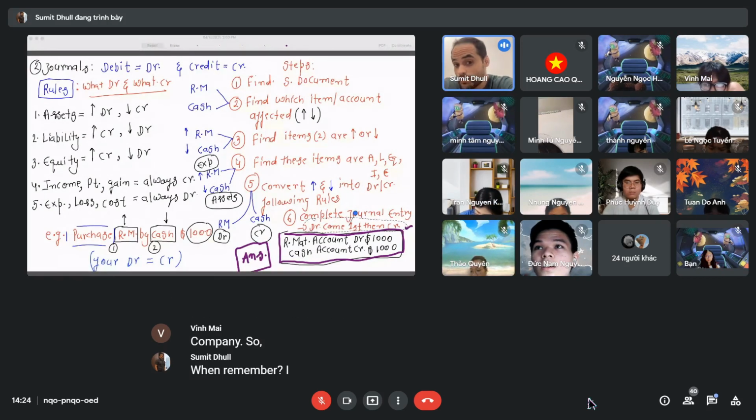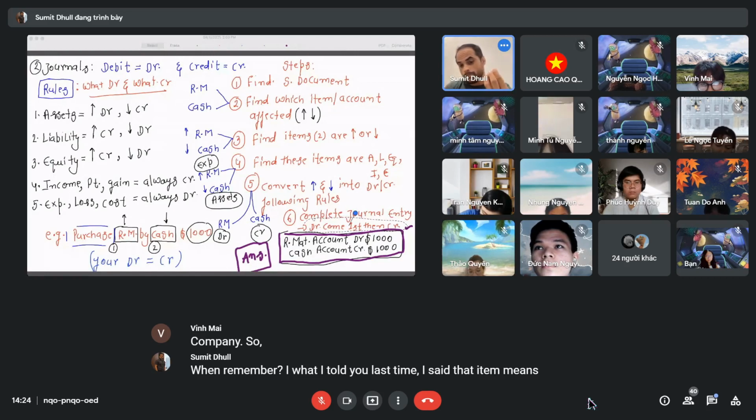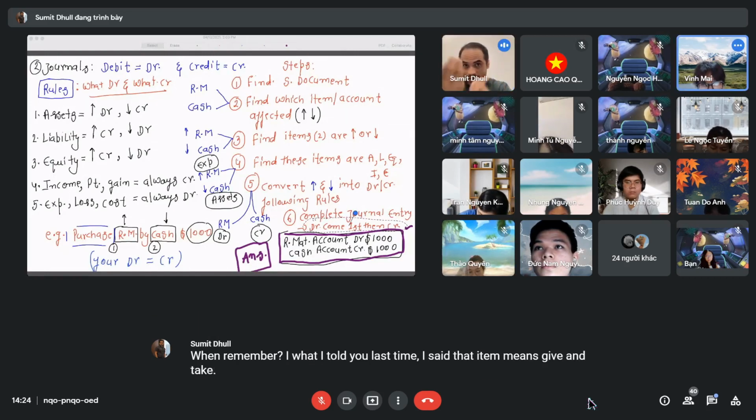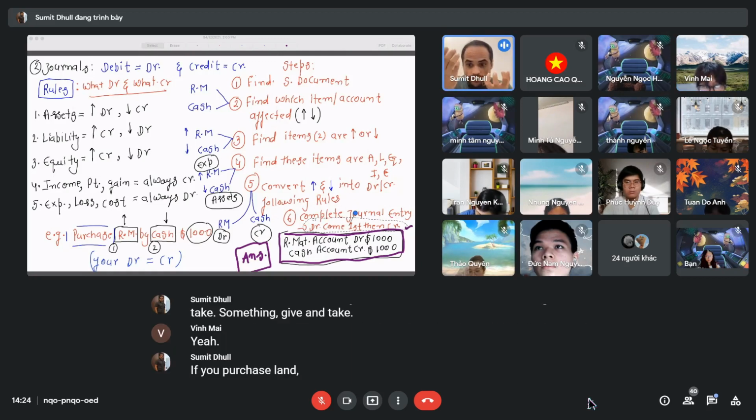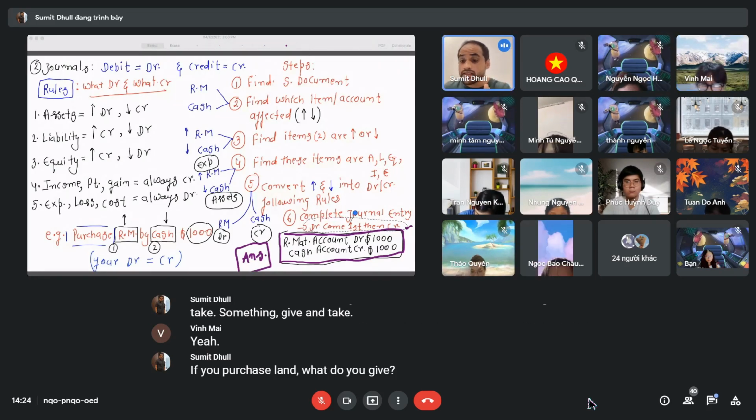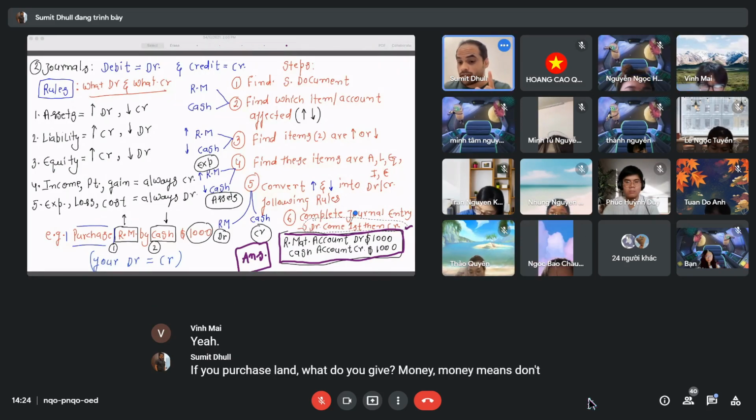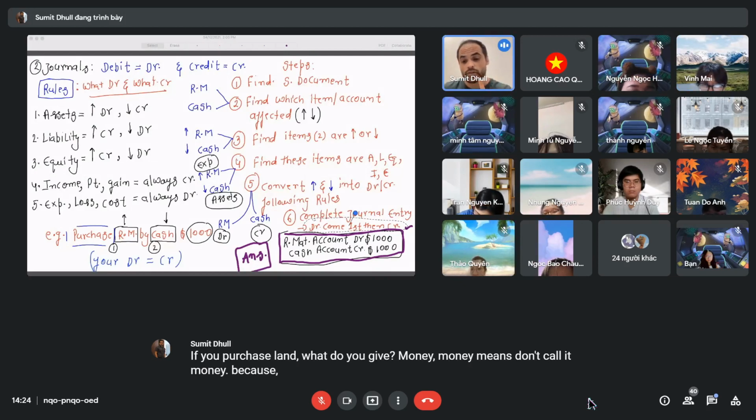Remember what I told you last time, that item means give and take. Something is given and taken. If you purchase land, what do you give? Money. Don't call it money, call it cash. If you say money, you keep finding money.